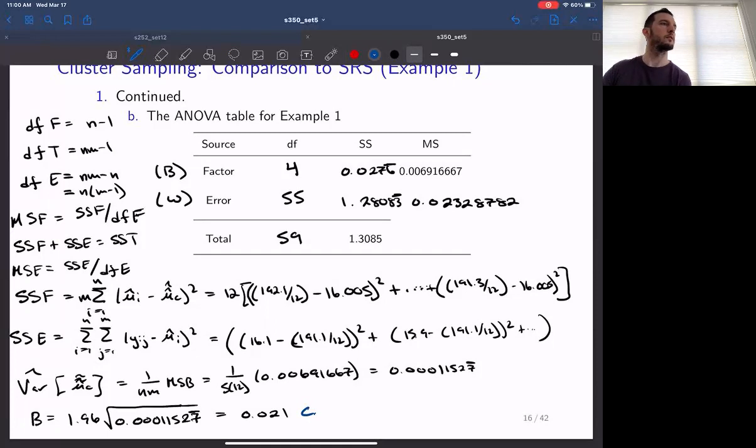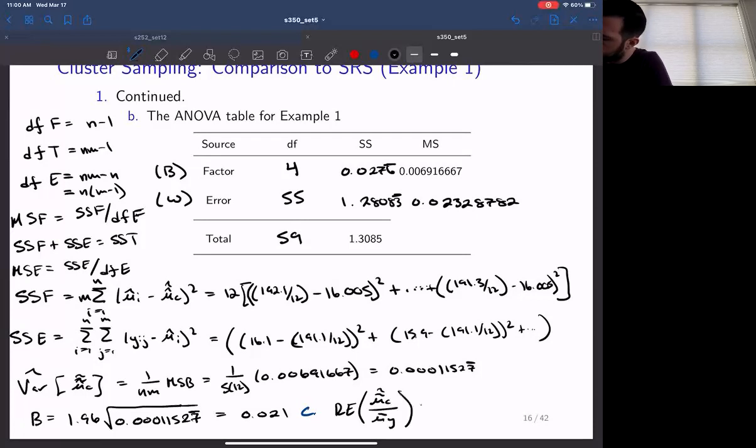I think maybe I can fit this on the next slide. But so we're going to have here relative efficiency of mu double tilde C over mu tilde Y. So that's our SRS estimator.